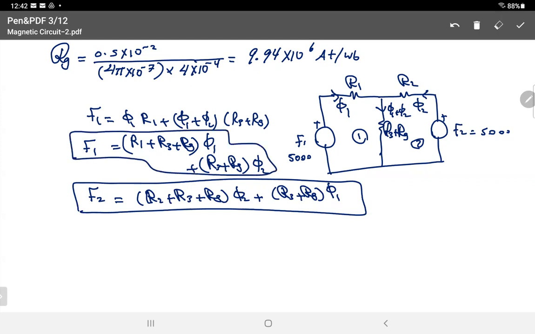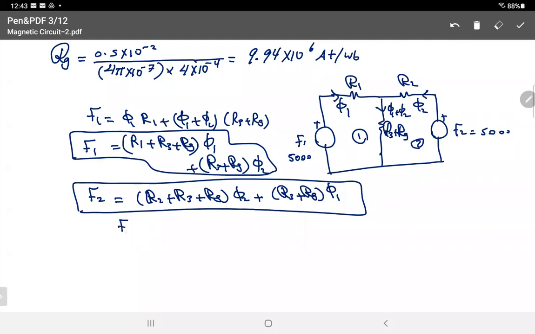If one is given, or reluctance is given, R1 and R2, and R1, R2, R3, RG. So you make a matrix, or even using a calculator, solving two equations and two unknowns.